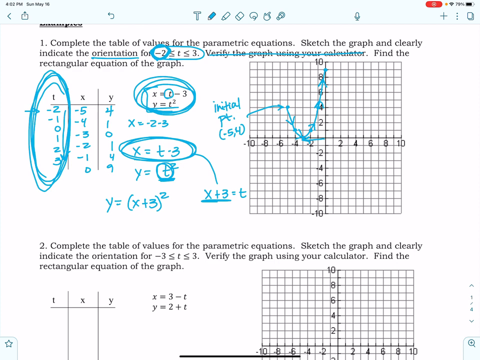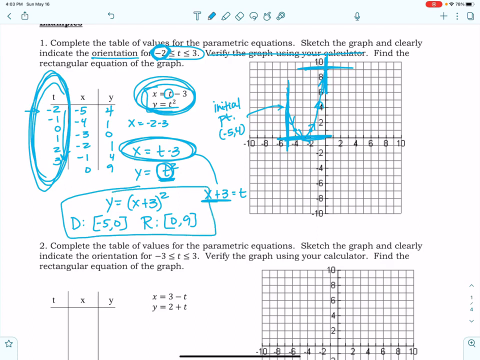It doesn't go off in infinity upwards. So I've got to write out a restricted domain. I'm restricted between -5 and 0, so my domain is [-5, 0]. My range is also restricted because it doesn't continue up forever. So that's restricted between 0 and 9. So I'm just going to write that. That is what my rectangular equation would look like.